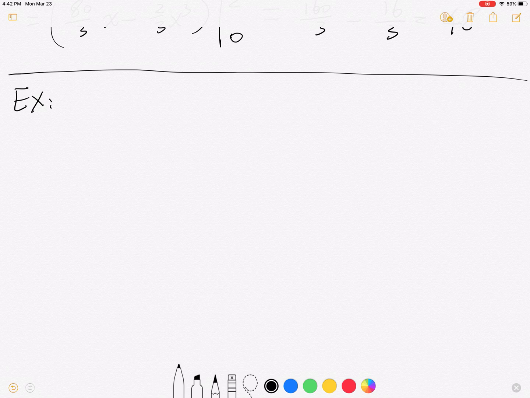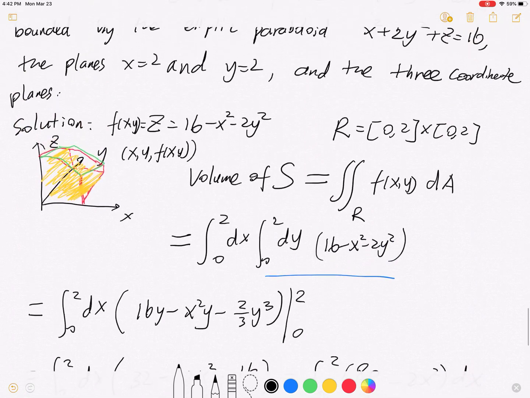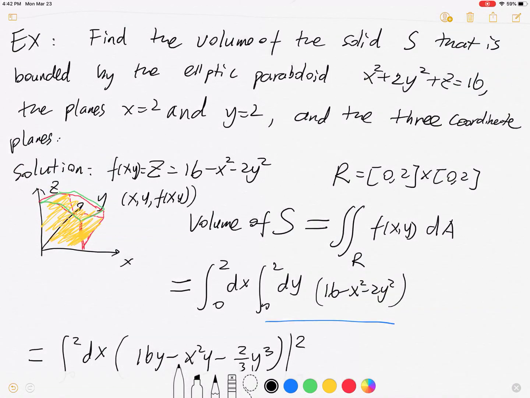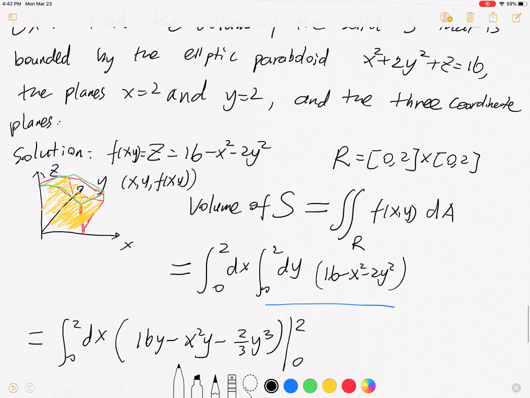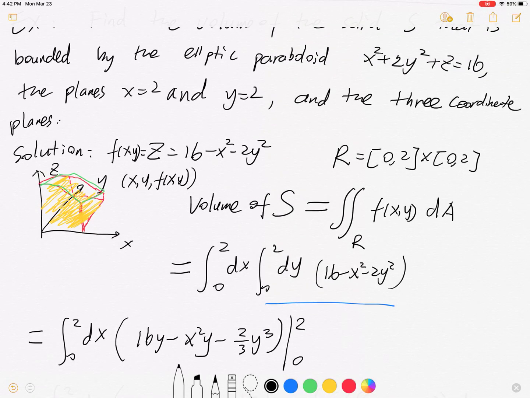And it's quite often you need to go back and forth between the geometric interpretation of the volume and the numerical integral. In other words, you need to go back and forth in between this one and this one.